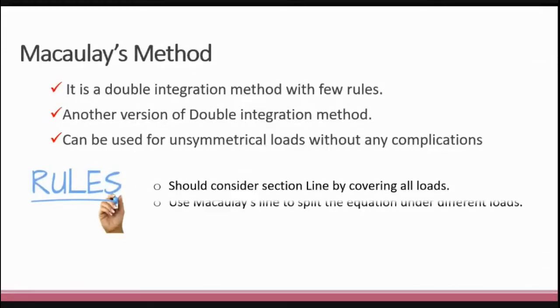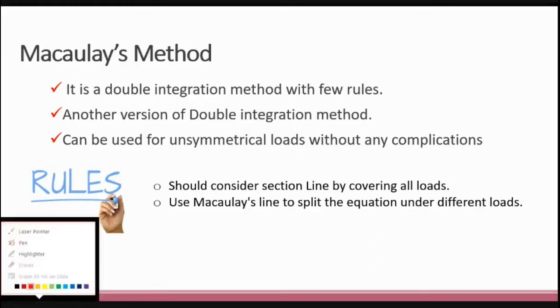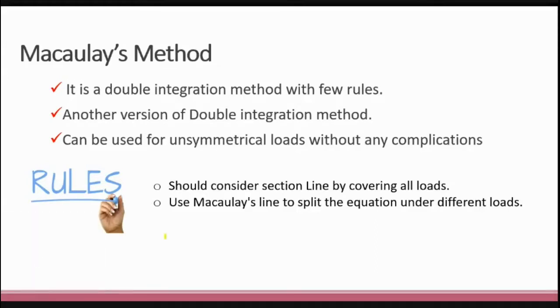The second rule is that you draw a line called Macaulay's line. We use this line to split the equation under different loads. I will explain it with an example. Macaulay's line is drawn and I split the equation under different loading cases. Why are we doing this?